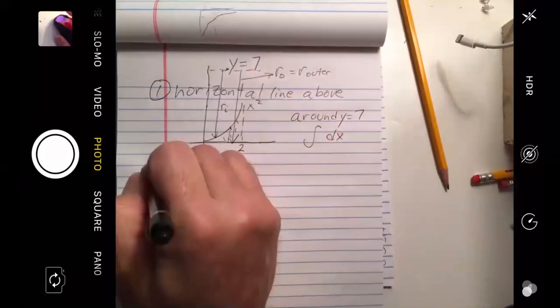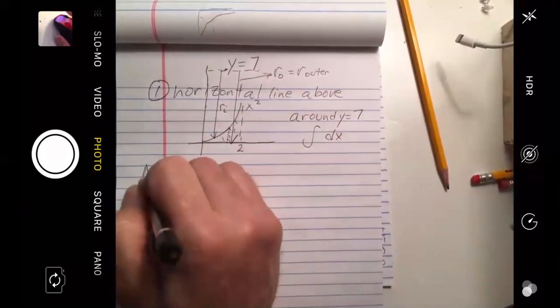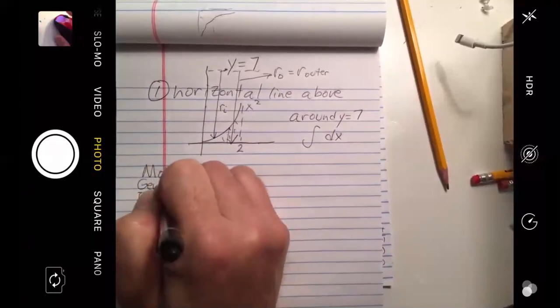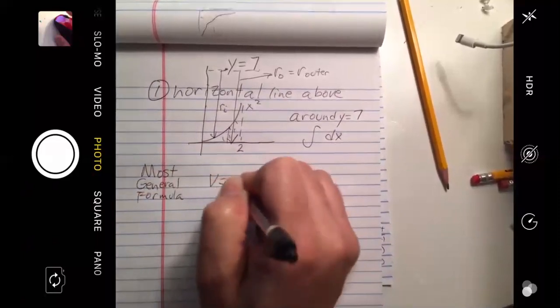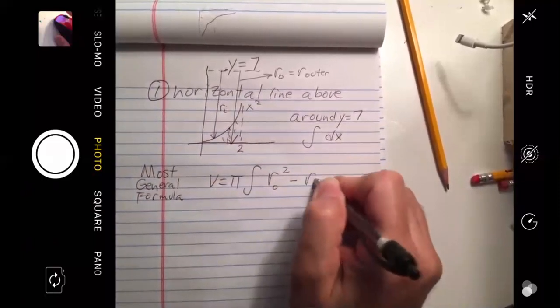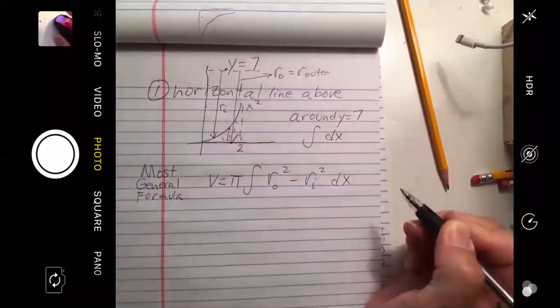And the most general formula, this is what I do with other lines, you'd have a pi, an integral r outer squared minus r inner squared dx.